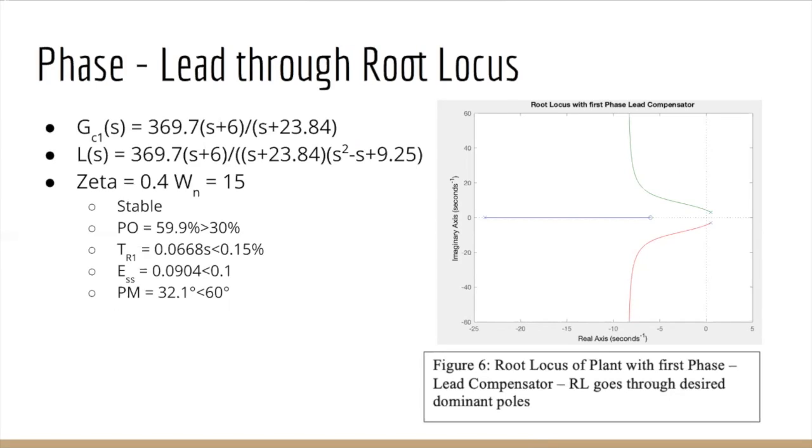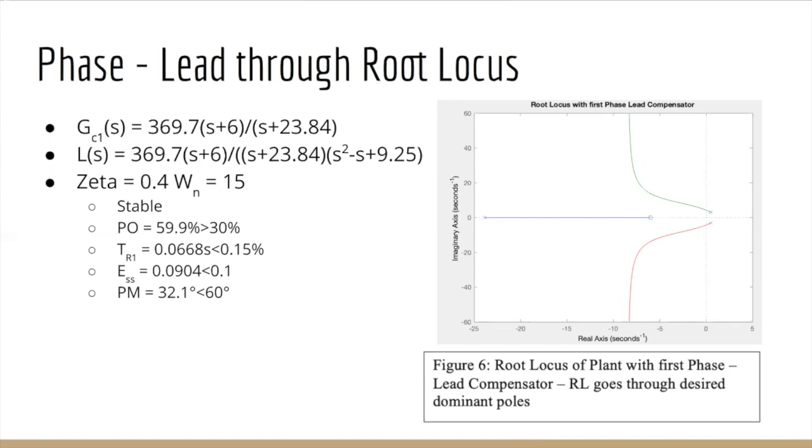Through this compensated system, I found that the system was indeed stable. The percent overshoot was equal to 59.9, which still needed to be lowered. The rise time is equal to 0.0668 seconds, which met the design requirements. Steady state error was equal to 0.0904, which met the design requirements, and the phase margin was equal to 39.1 degrees, which still needed to be increased.